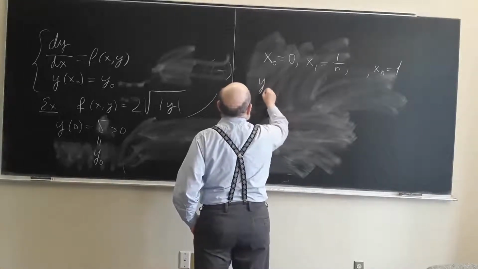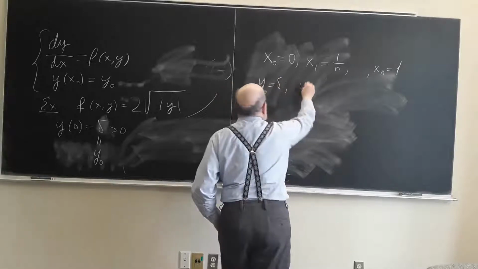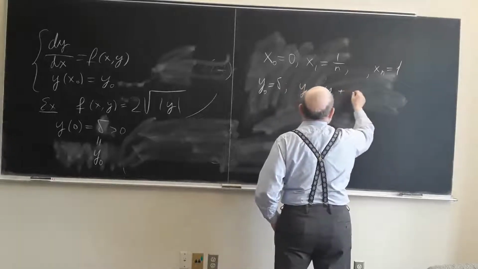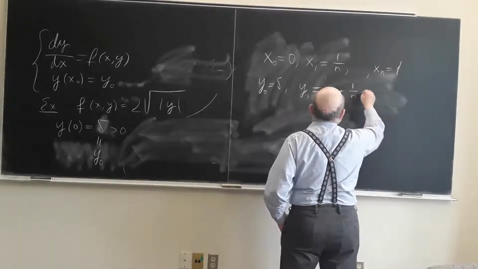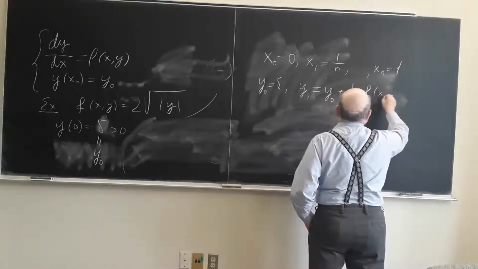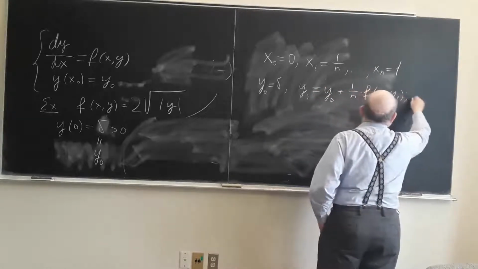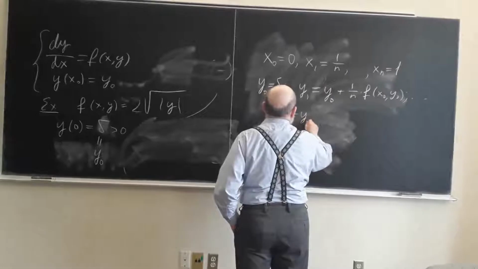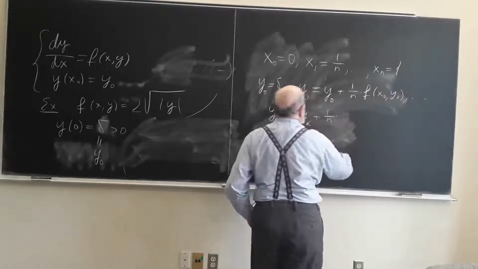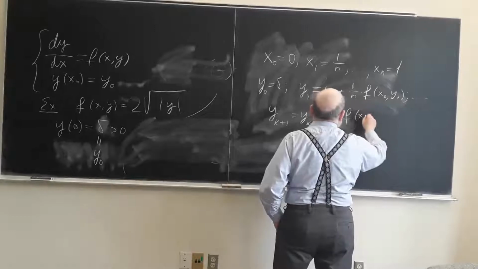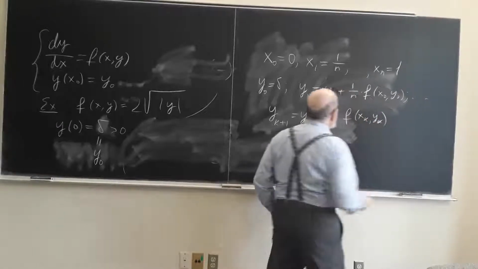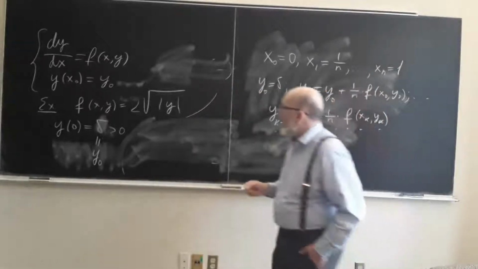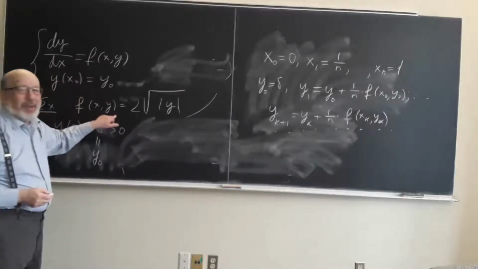So y0 equals delta, y1 equals y0 plus 1 over n times f of x0, y0, and so on. y(k+1) equals yk plus 1 over n times f of xk, yk, and so on. Where f is exactly what is written here.